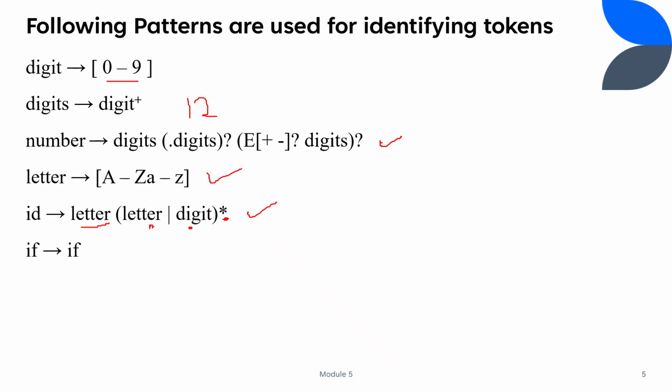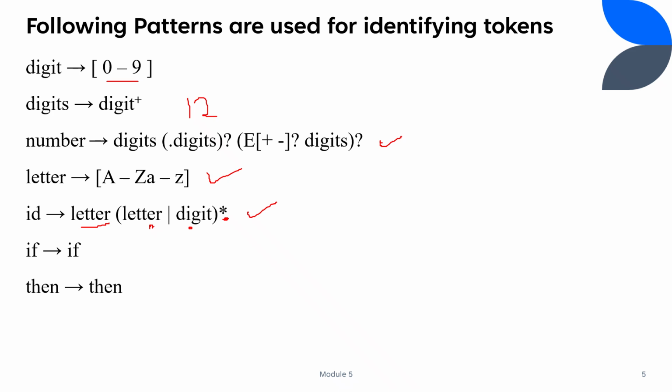Then for if, as I said, if can fall into the category of identifier, but it doesn't, because it is considered to be a reserved word by some of the programming languages. Hence, keywords like if, else, then, return and so on are provided in double quotes whenever we are writing our Lex program.